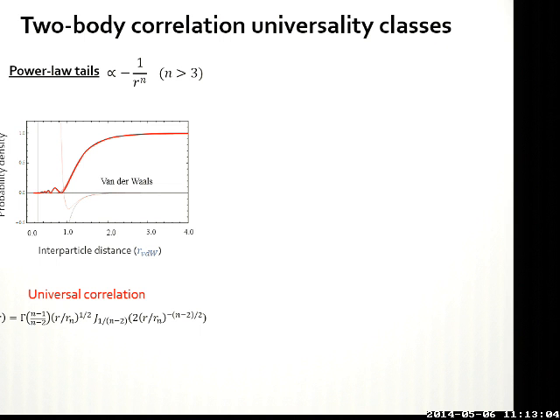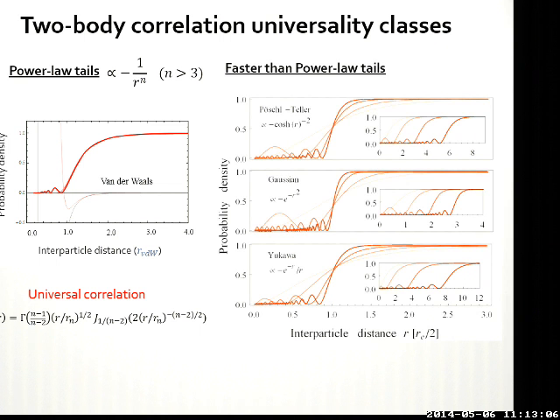Okay, but then we have other potentials, those decaying faster than a power law, like the Gaussian or Yukawa or Pöschl-Teller, etc. And they seem to have quite different behavior. Here I just represented again the zero-energy two-body wave function at unitarity for various depths. I multiply this potential by some factor to make it deeper and reach unitarity. This is for one single S-wave bound state, two bound states, 10 and 100.